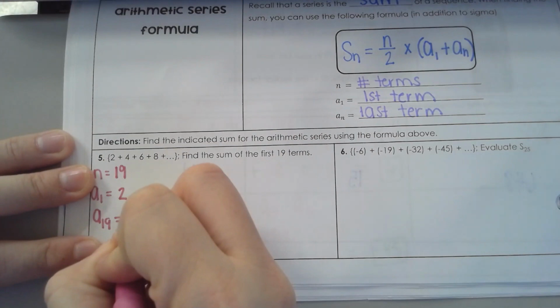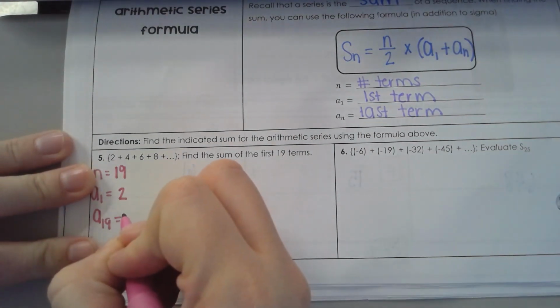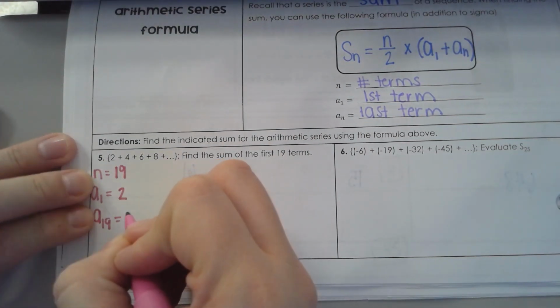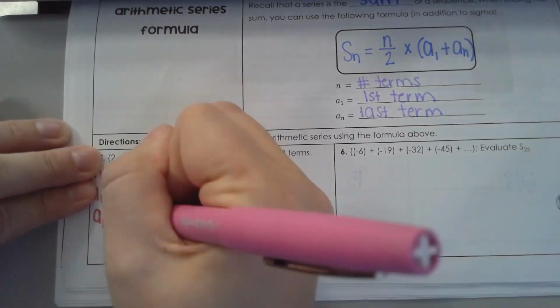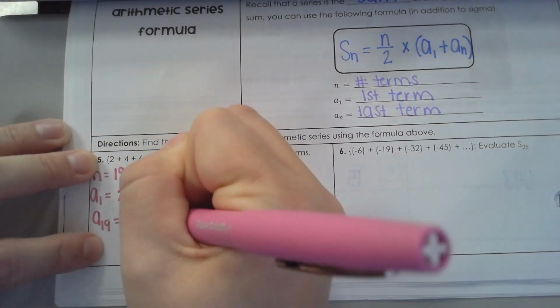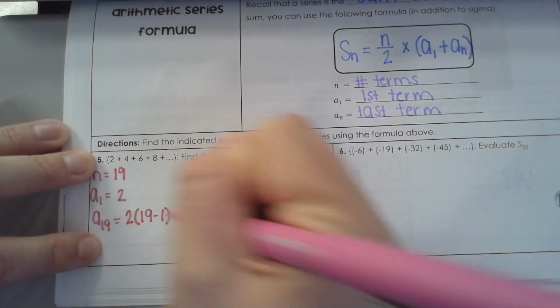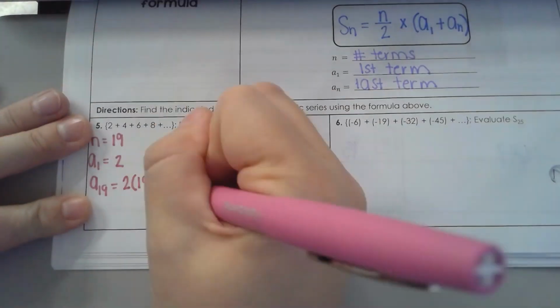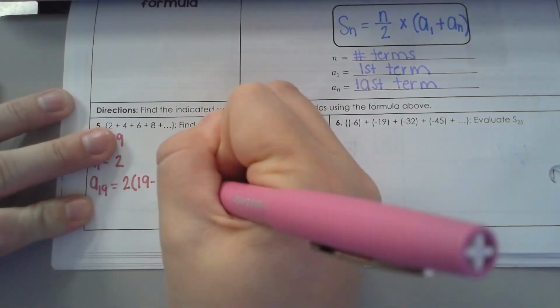So it's going to be d times (n minus 1) plus a1. What's my difference? 2. I can go ahead and just plug in the 19. And then plus a1, which is also 2.